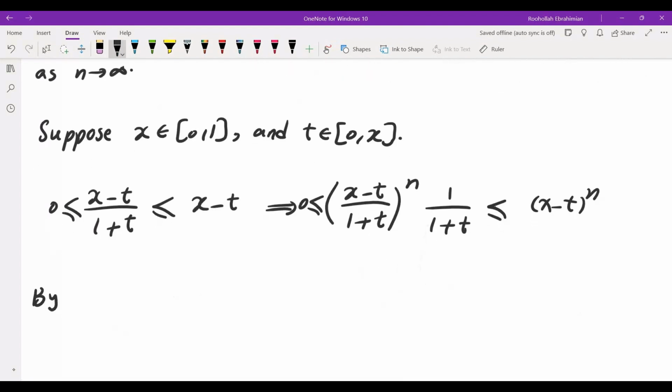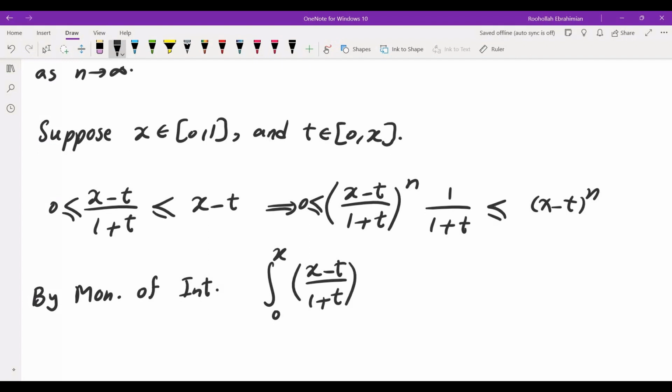So by monotonicity, integral from 0 to x of x minus t over 1 plus t to the power of n times 1 over 1 plus t dt is less than or equal to integral from 0 to x of x minus t to the power of n dt.